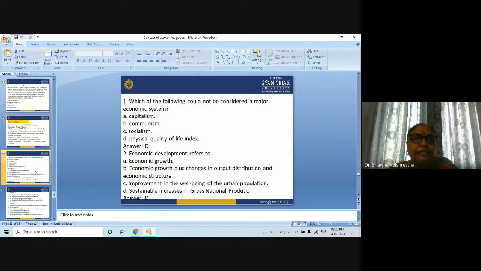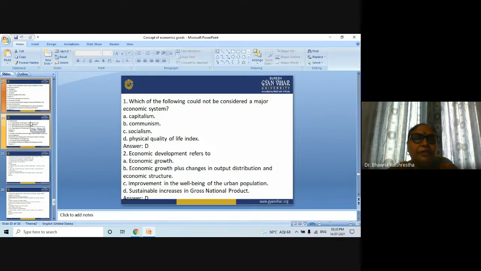And next, there are MCQ questions at the end of the topic.